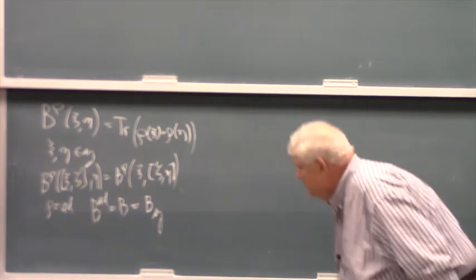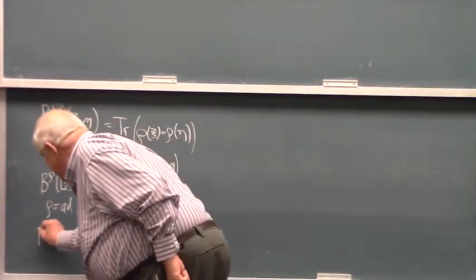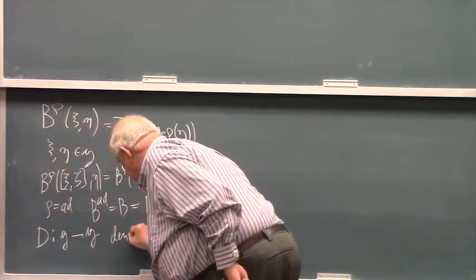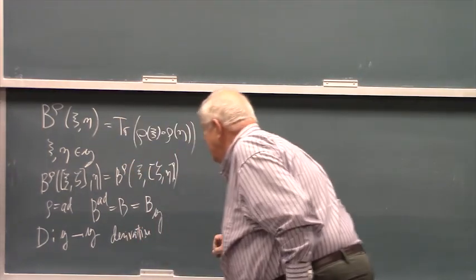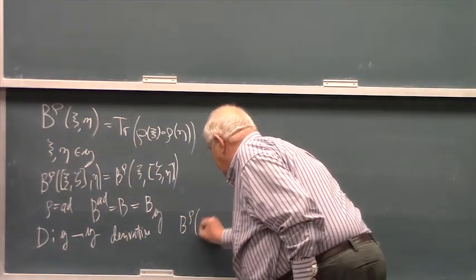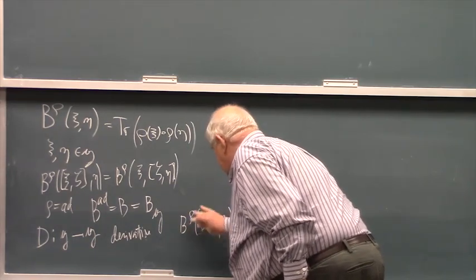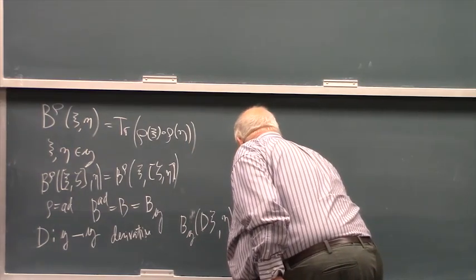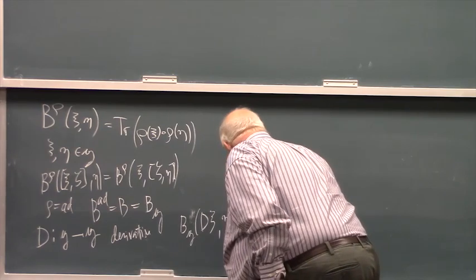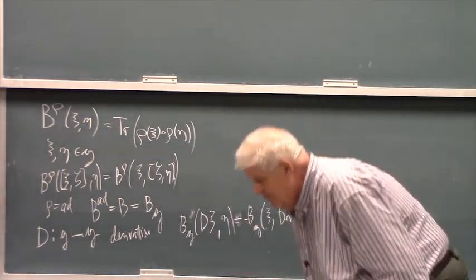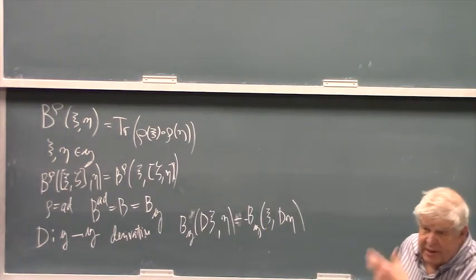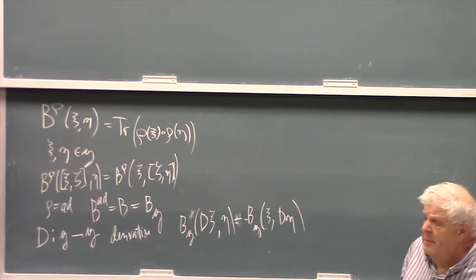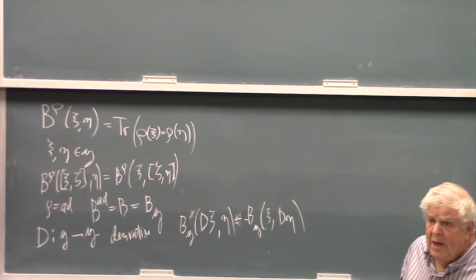Because for this particular form, if you have an arbitrary derivation D in G, then you can write that B_G of D xi, eta is equal to B_G of xi, minus D eta. If your derivation is an inner derivation, then it is the same as before. For outer derivations, it is a special property of this form. I'm not 100% sure that we will ever need it, but actually the proof is immediate.